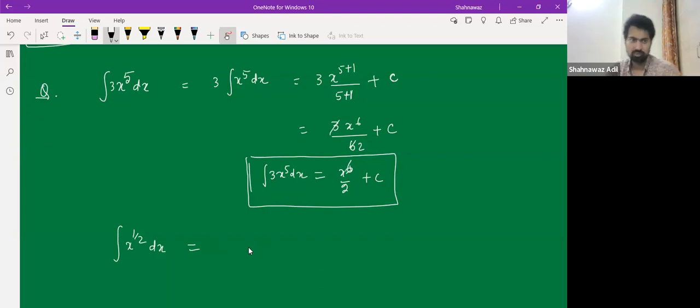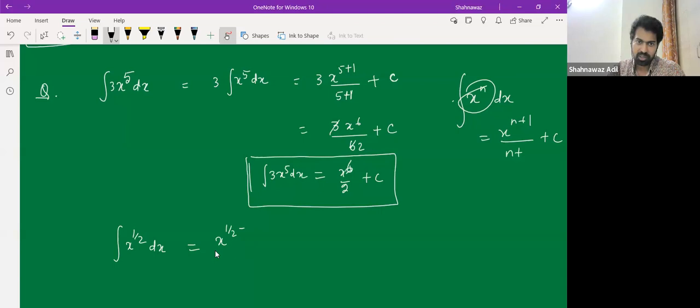The integration of x^n dx is x^(n+1) divided by n+1. The power is half, so this would be x^(half plus 1) divided by half plus 1, plus c.